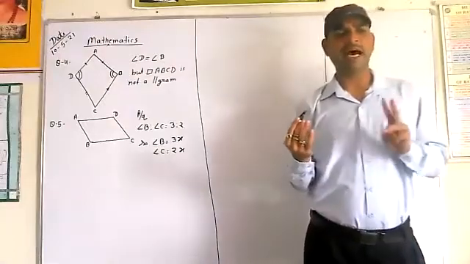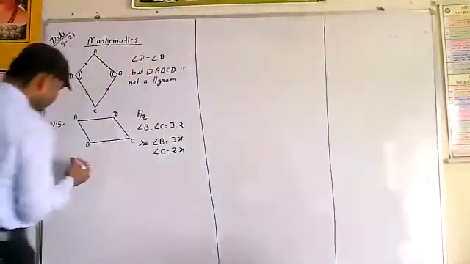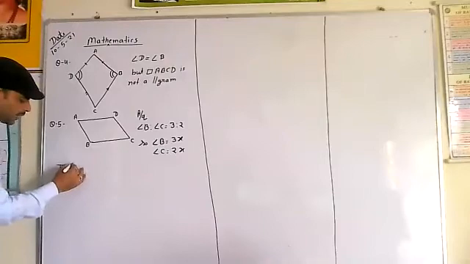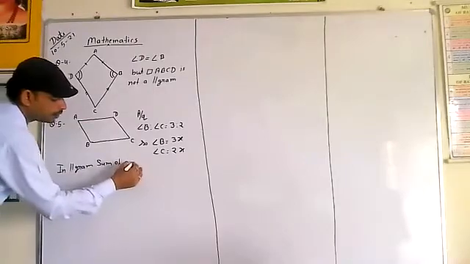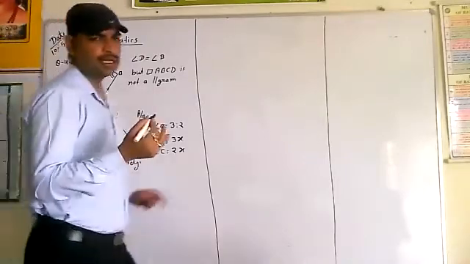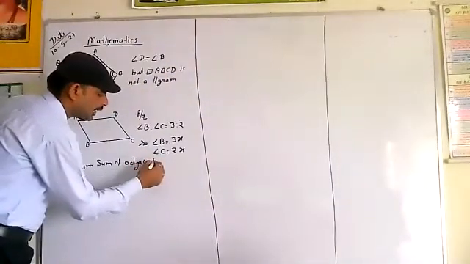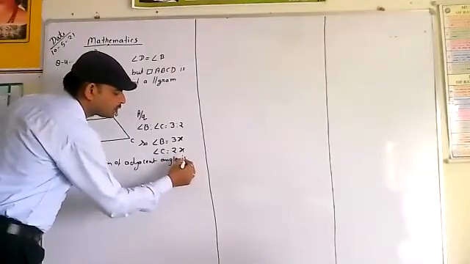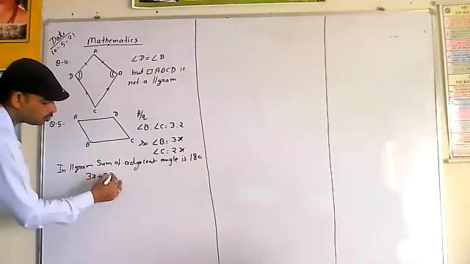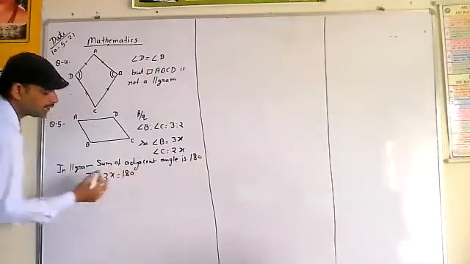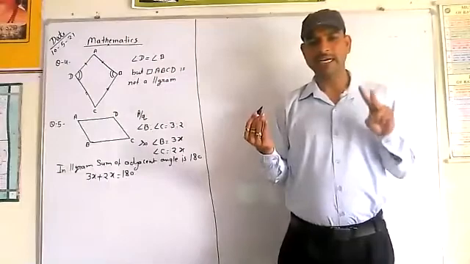The adjacent angles are supplementary. So 3x plus 2x is equal to 180 degrees, because these two angles are adjacent angles.